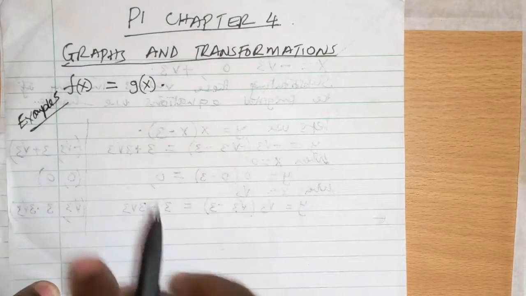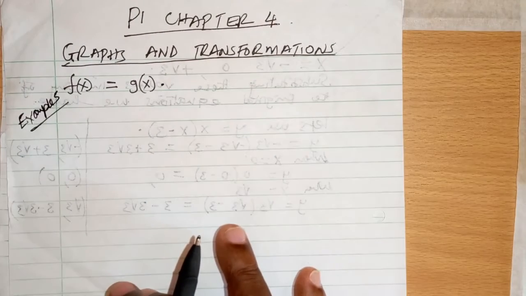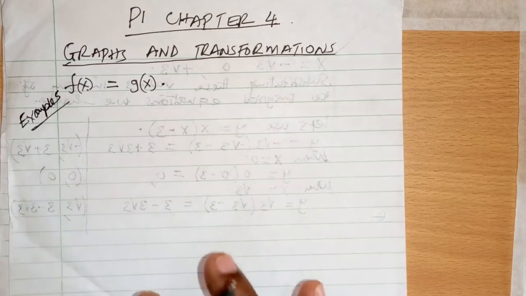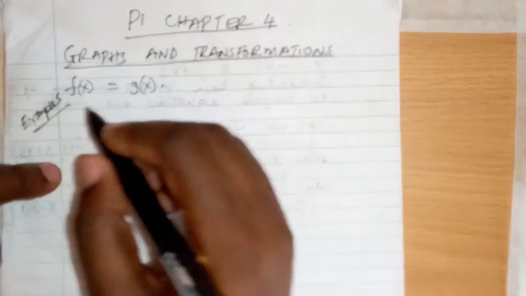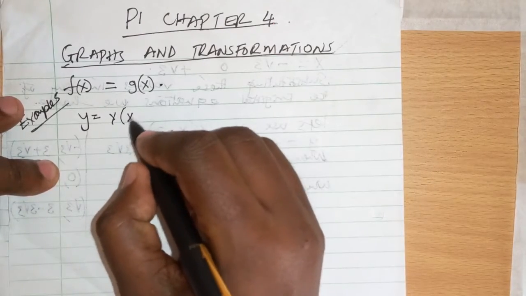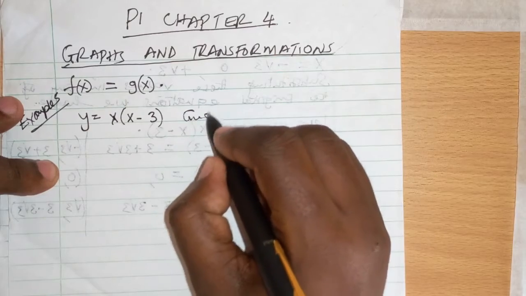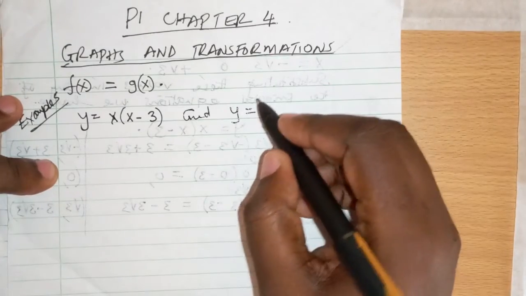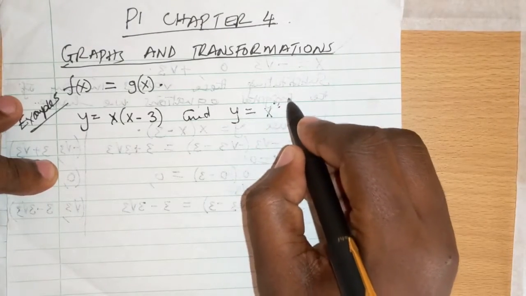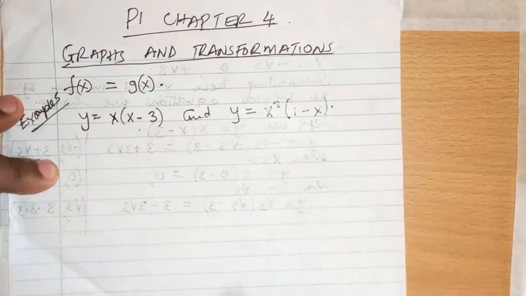Example 5 on page 63: on the same diagram, sketch the curve of y = x(x − 3) and y = x²(1 − x).